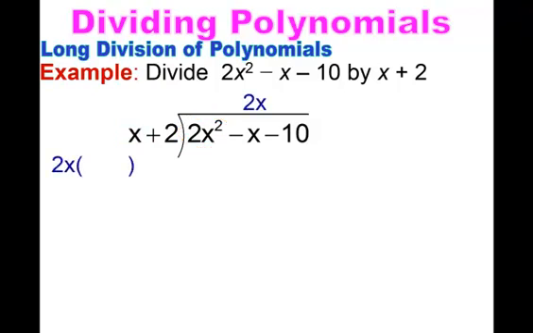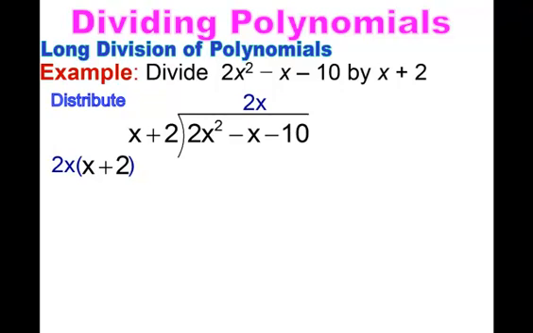Well, 2x will give me a 2x squared, but what I multiply x by, I need to make sure I multiply the entire thing by that 2x. So you can't just multiply the x and put it underneath the 2x squared. You have to multiply the entire thing. So you're doing the distributive property here.